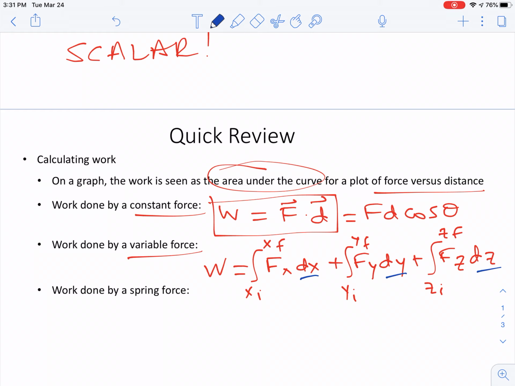In most problems, the object is not going to go through a three-dimensional displacement. Maybe it moves only along the x direction, so you keep the first term only. Maybe it has two dimensions, then you keep the first two. But this is the way to find the work done if you're dealing with a variable force.